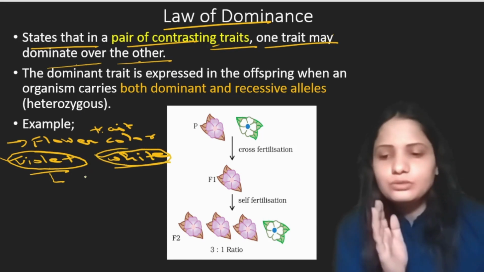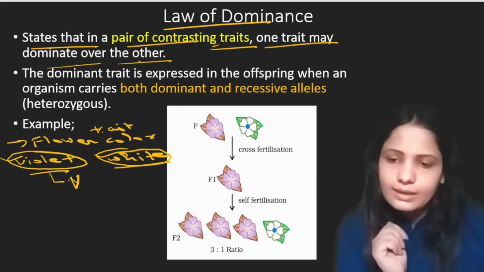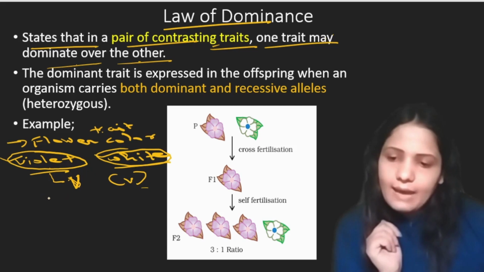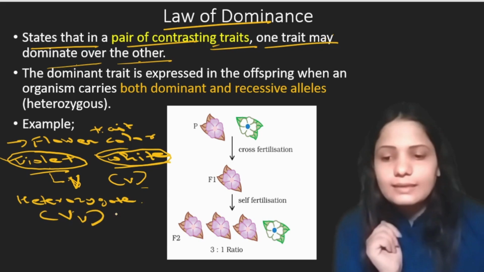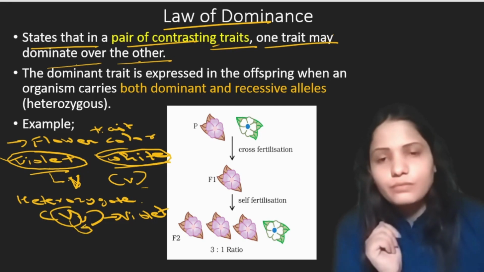Let's say we represent violet by capital V and white by small v. If we have the heterozygote condition, capital V, small v, then this plant will be violet color. Why? Because V dominates over small v.